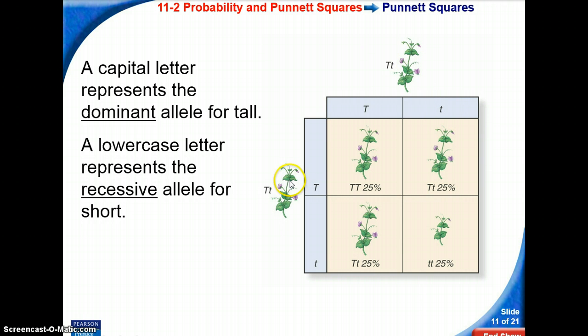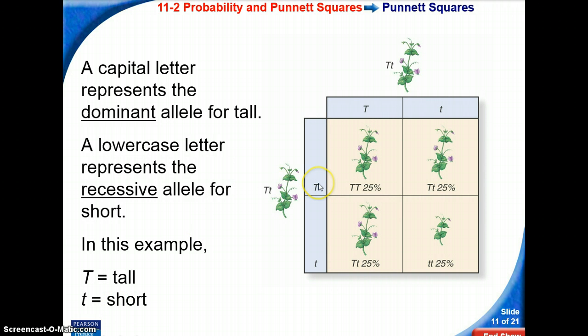Now remember, these are the offspring, that first filial generation, where we crossed a true breeding tall plant with a true breeding short plant, and we got these hybrid plants that have a tall gene and a short gene. So we take these and put one across the top and one across the side. In this example, capital T stands for tall, and lowercase t stands for short.